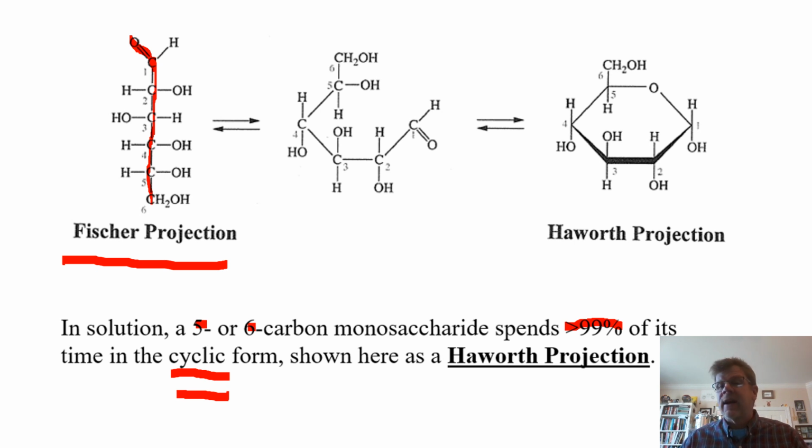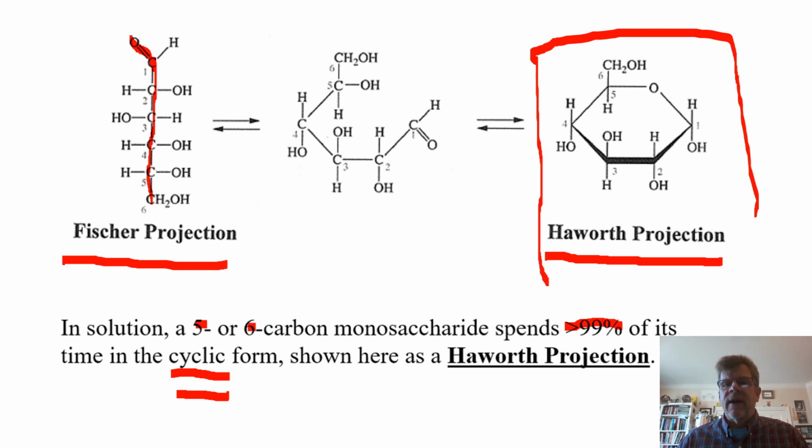It's always the case. A cyclic form, on the other hand, is always given in what is called a Haworth projection, and here clearly what we see is a cycle. We'll look at how these cyclize in a moment, but a Haworth projection of a monosaccharide is always shown in the same way as well.